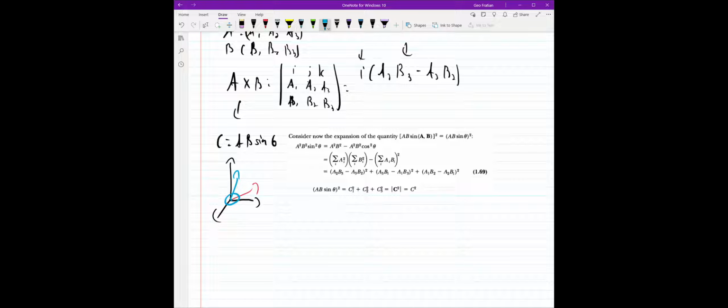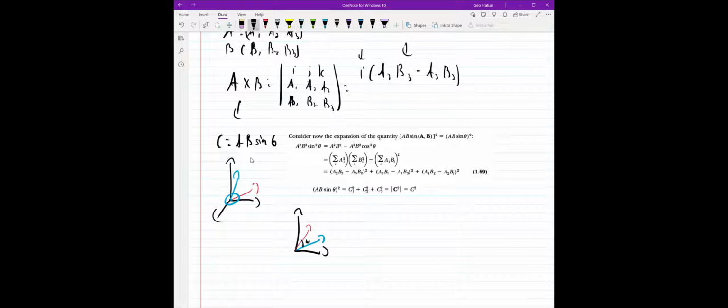So let's see. I guess it's also worth mentioning, again, let's go to two dimensions because it's easier to visualize. I have two vectors like this, with some angle between them.